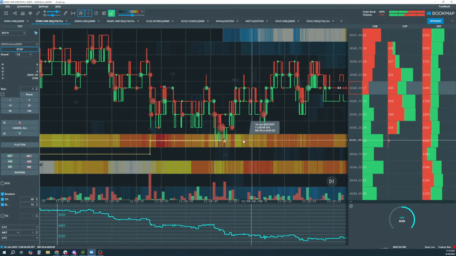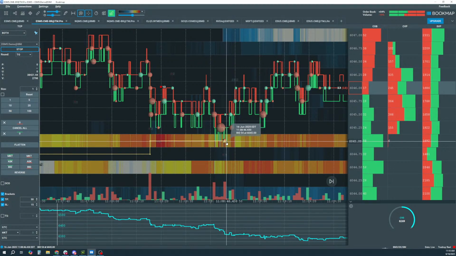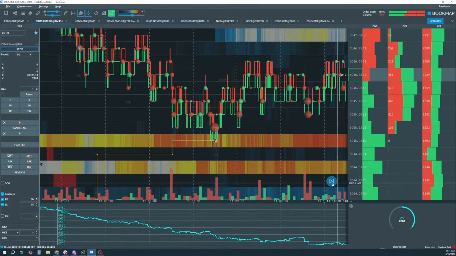But the demo is pretty good. A lot of times you'll see that it hits your level, and you still don't get filled because you're at the end of the line. That's the risk with the limit orders.